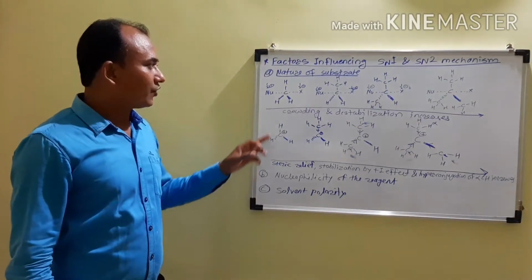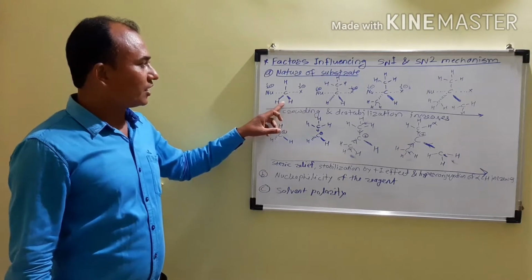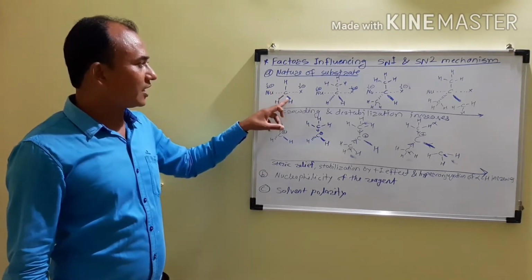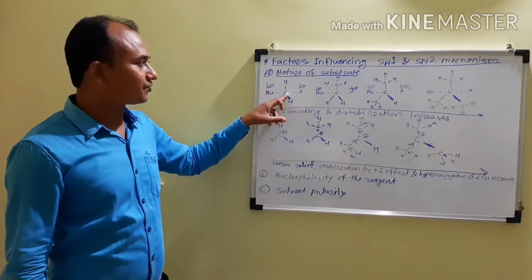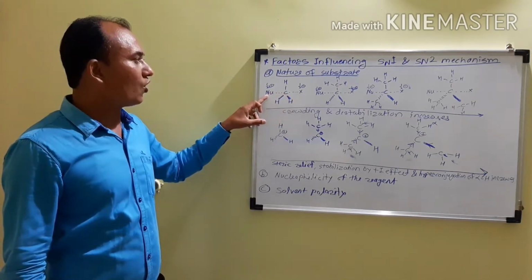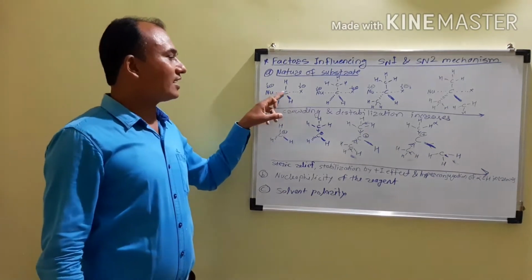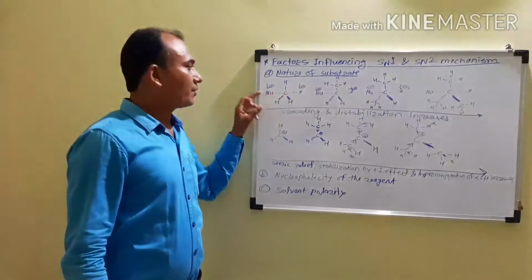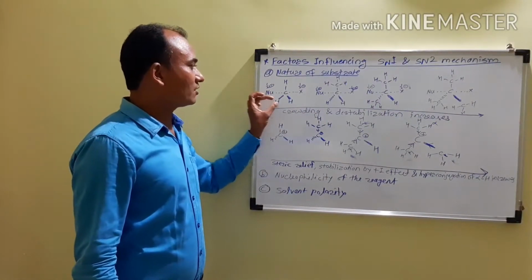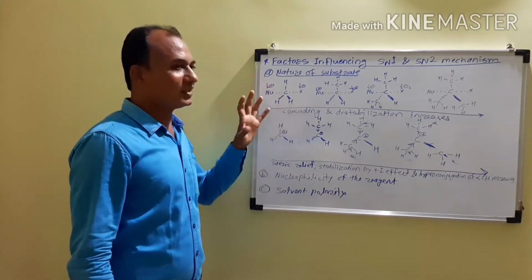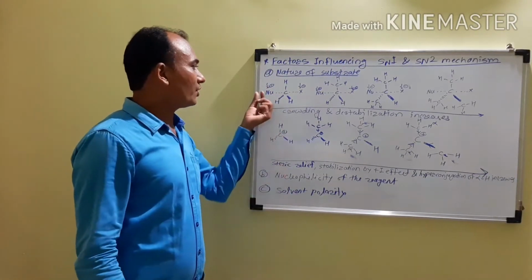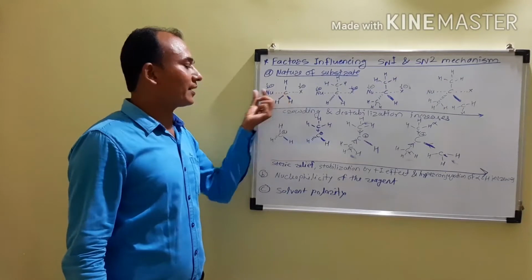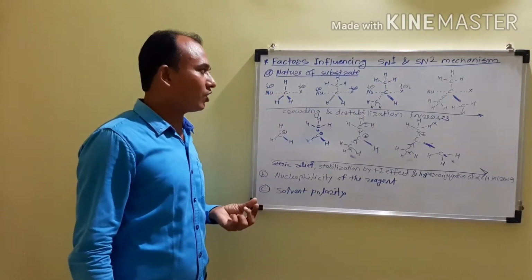If you observe in this example, if only 3 hydrogen atoms are attached to this carbon atom, the attack of the nucleophile is easier, because there is no crowding. The size of hydrogen atoms is small, and therefore the nucleophile can easily attack this carbon atom to form a bond.